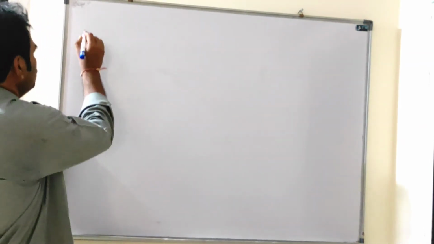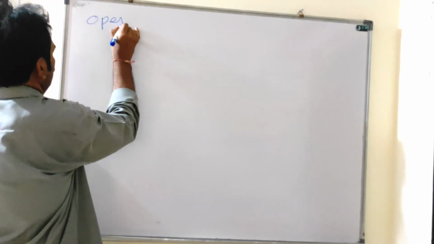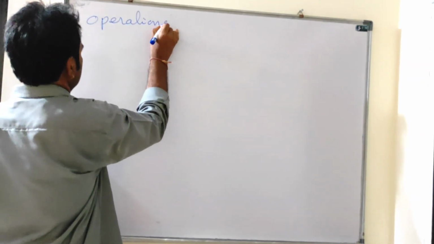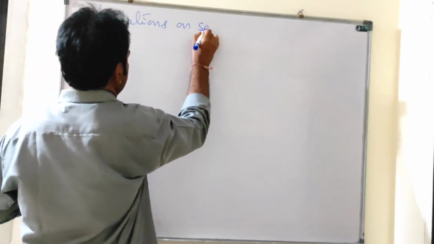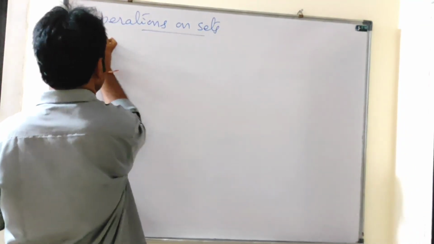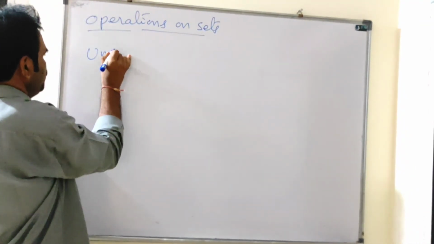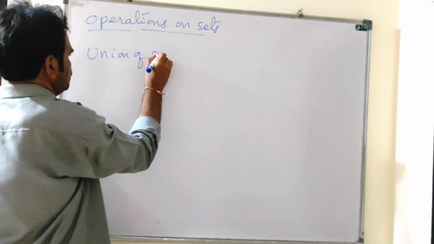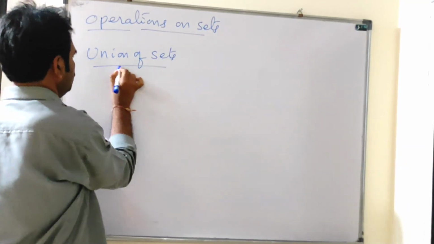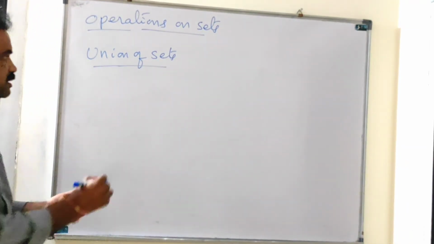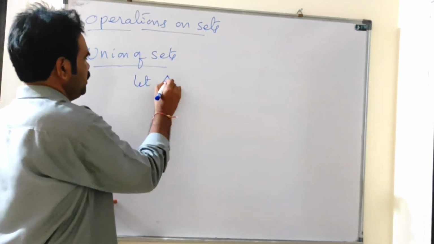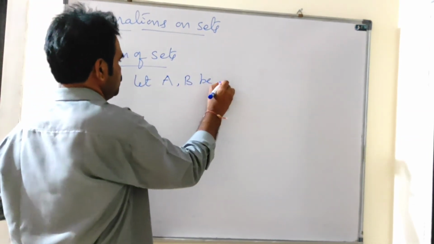Next, operations on sets. First one, union of sets. Let A, B be two sets.